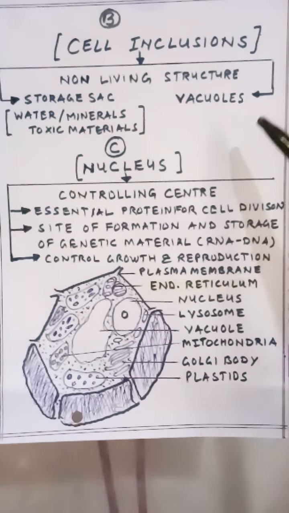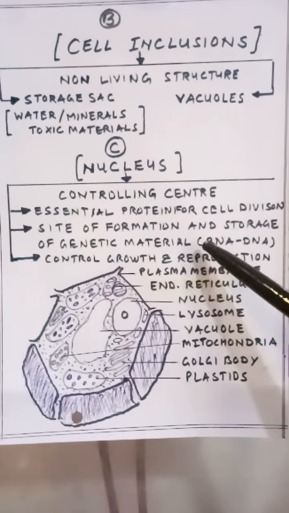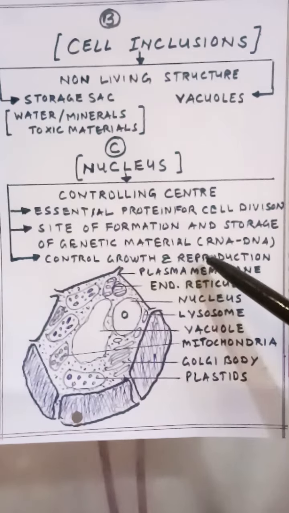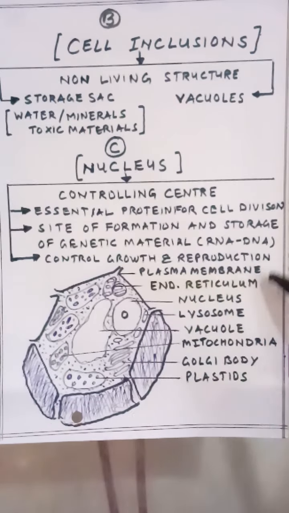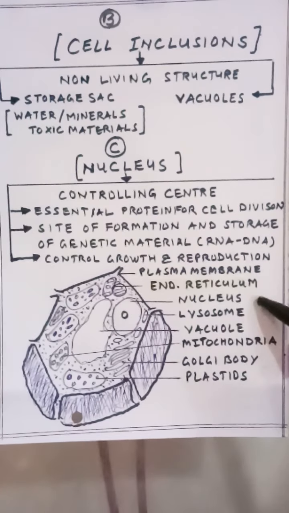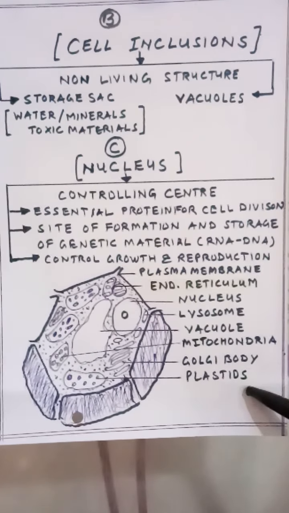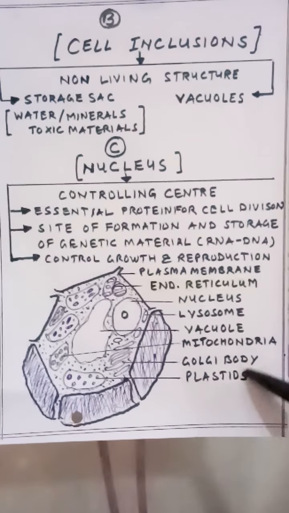We have discussed the cellular structures, the cell inclusions, the cell organelles, and then the nucleus. Other than the nucleus, what are the other important functional units in the cell? We shall discuss. So plasma membrane, endoplasmic reticulum, nucleus, lysosome, vacuole, mitochondria, Golgi bodies, and plastids. Each and every component has a specific function.